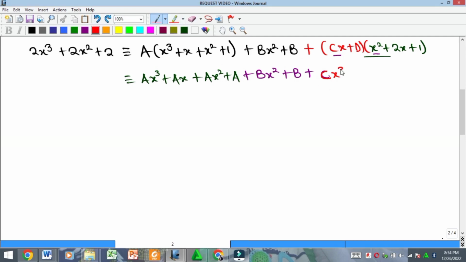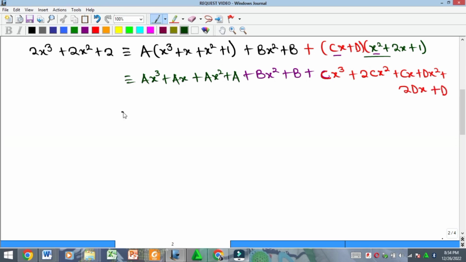Okay, so now cx times 2x is going to be 2cx squared, and then cx times 1 will be cx, and then we use d times x squared will be dx squared, d times 2x will be 2dx, and finally d times 1 will be d.